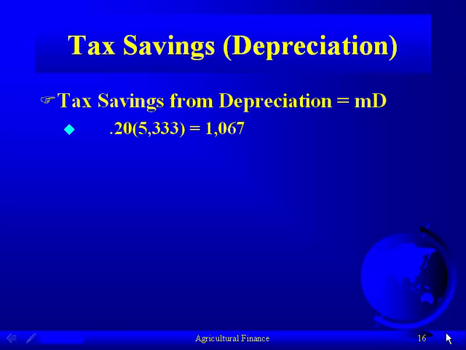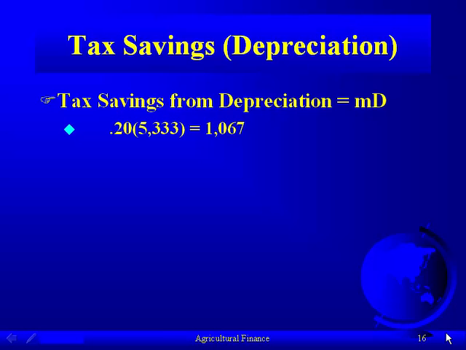That means when that farmer sends his taxes to the IRS that year, the amount that he pays is going to be $1,067 less because he has been able to claim the depreciation of that irrigation system. That's what a tax deduction means.